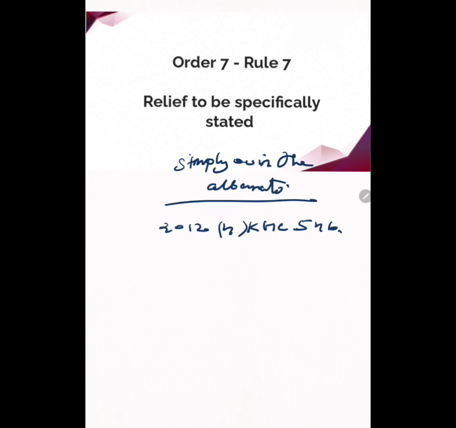Now moving forward, next is Order 7, Rule 14, which is production of documents. The documents which a plaintiff relies on or sues upon have to be produced in the court along with the plaint if that document is in the possession of the plaintiff.